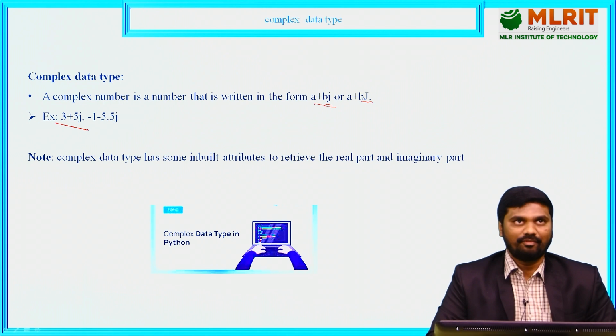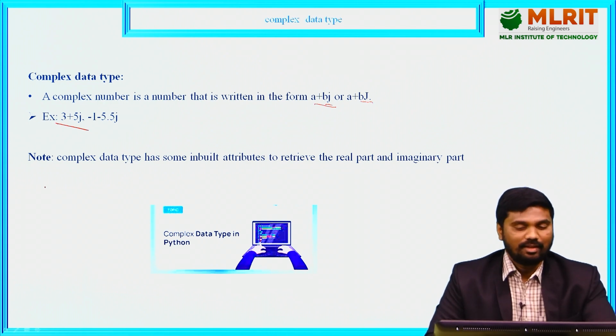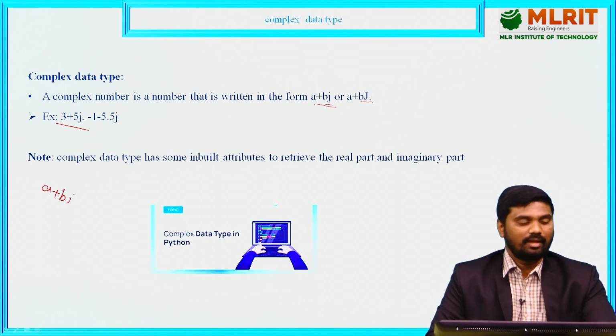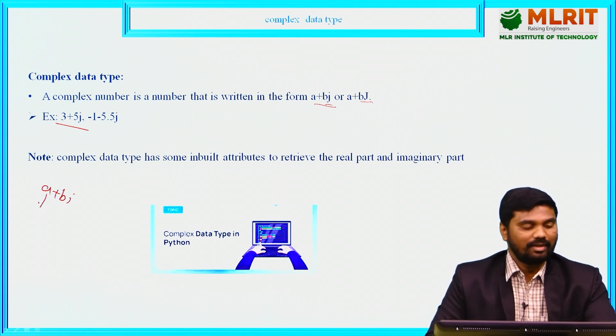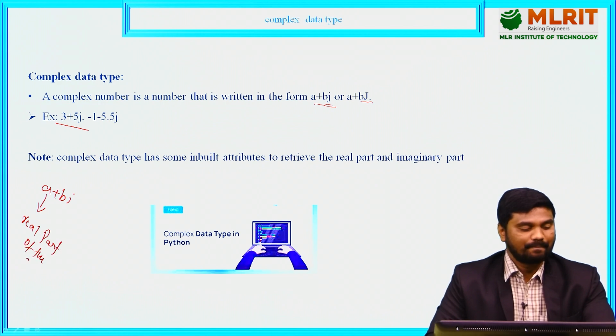3 plus 5j. See here, this a plus bj contains two parts. One is that a represents the real part of the complex number, and b represents the imaginary part of the complex number.